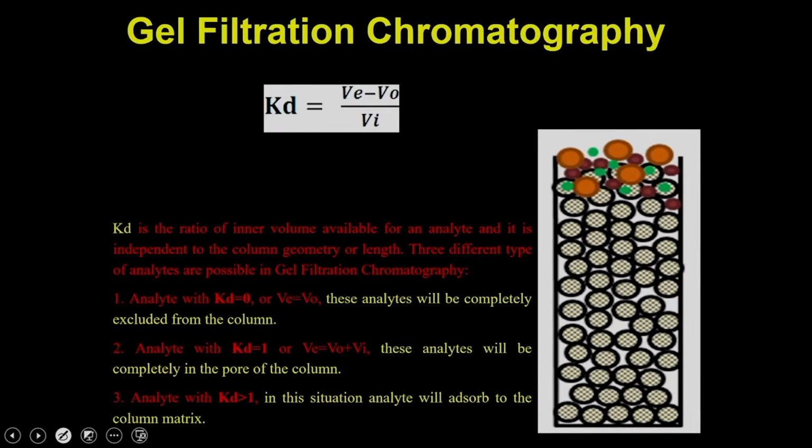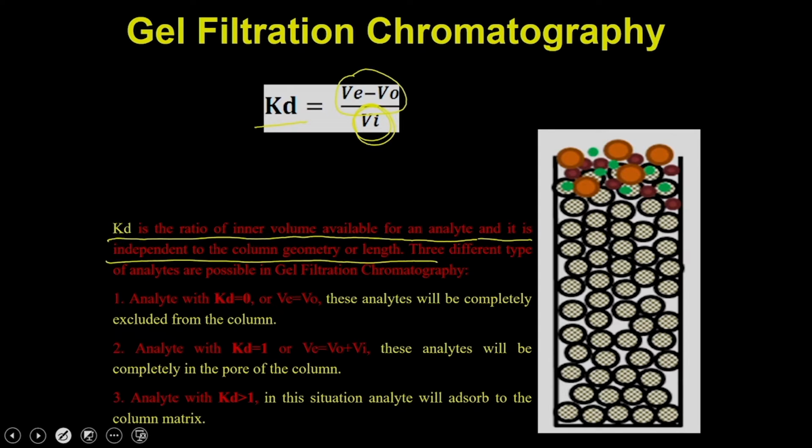So, Kd is Ve minus Vo divided by Vi, and Kd is the ratio of the inner volume available for an analyte, which means the Vi, and it is independent of the column geometry or length. If you increase or decrease the column length, you are also going to change the Vo.